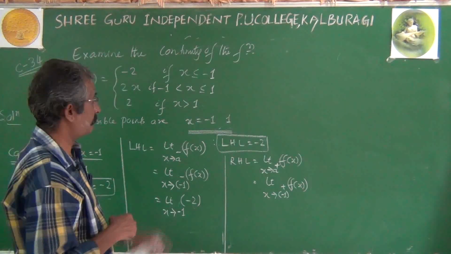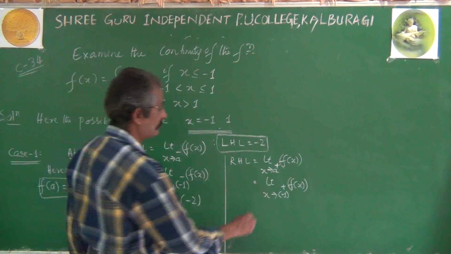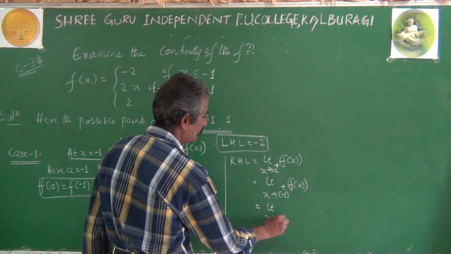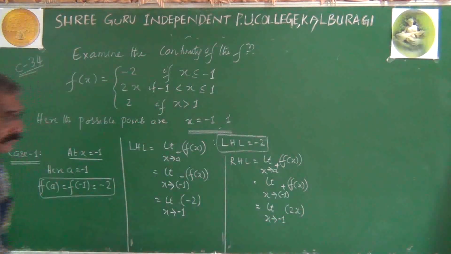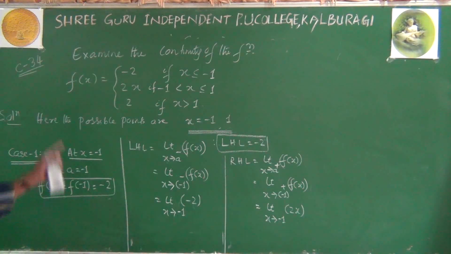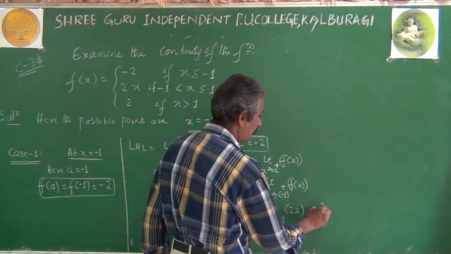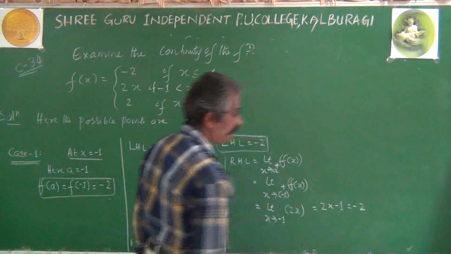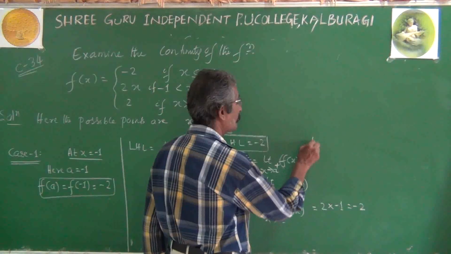X greater than minus 1. When x greater than minus 1, function is 2x. That is limit x tending to minus 1 of 2x. By using the definition of the function, replace x by minus 1, that is 2 into minus 1, that is equal to minus 2. Hence, right hand limit also equals minus 2.